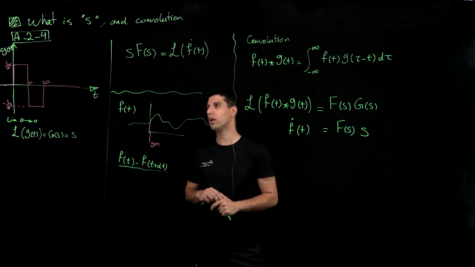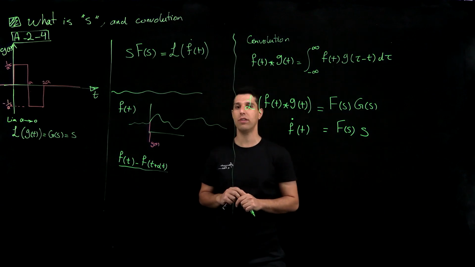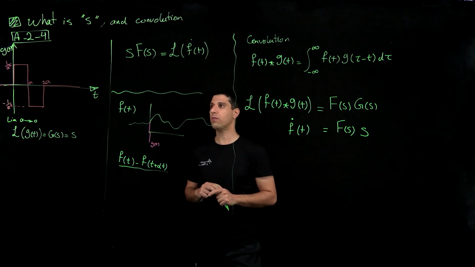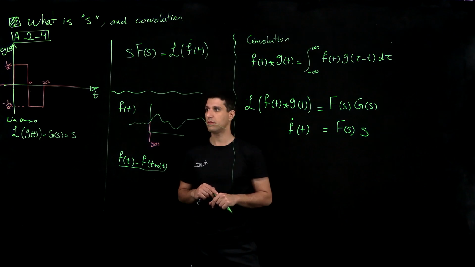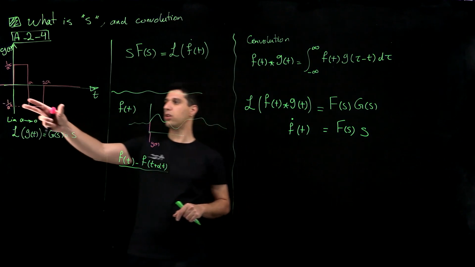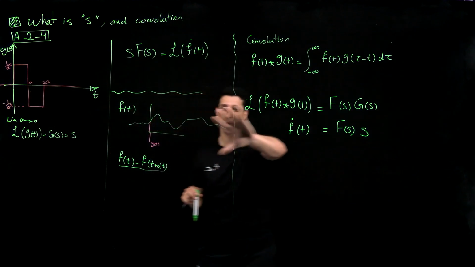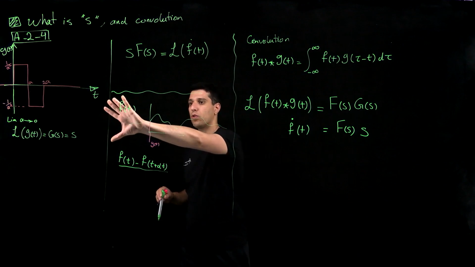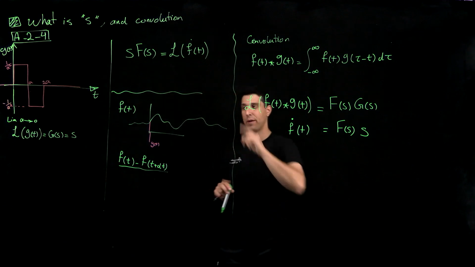If you work with Simulink and you want to take the derivative of a function, one of the things in the derivative block is the order of the filter. For a while I was not sure what that means, but you can think of this shape function as a filter that you pass your function f through.